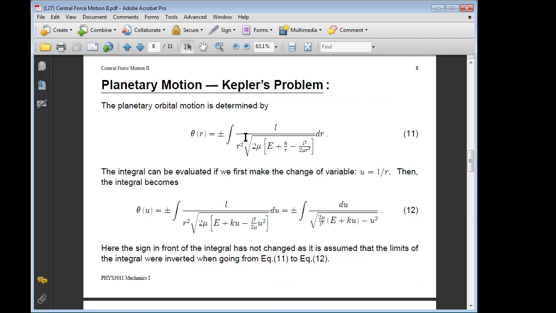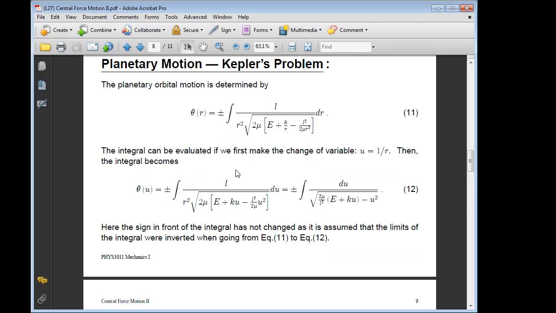Now, how do we do it? First of all, make a change of variable. Instead of integrating over r, we will express the integral in terms of u, which is equal to 1 over r.